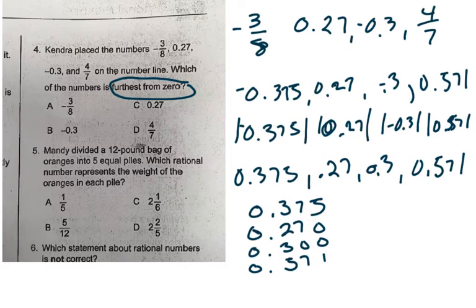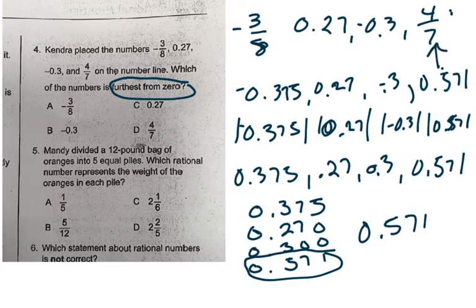Okay, I don't have anything in the ones to compare, they're all zeros. Here's my tenths. Okay, you have a 3, a 2, a 3, and a 5. Oh, that is definitely the biggest. So the number with the largest absolute value is 571 thousandths, which goes with, right here, 4/7. So my answer is D, 4/7 for this one.